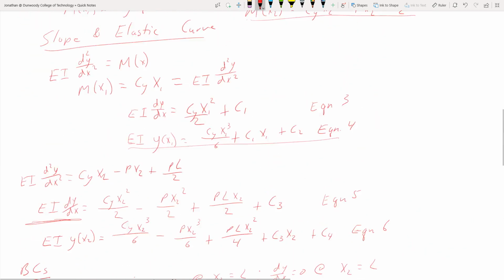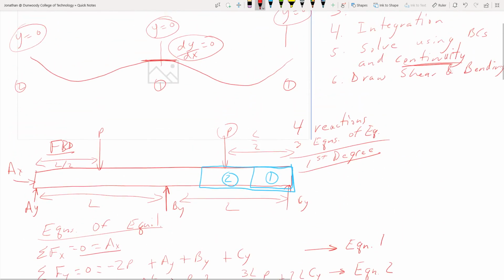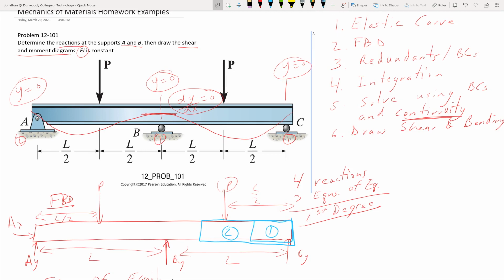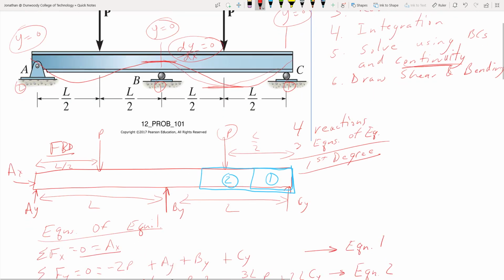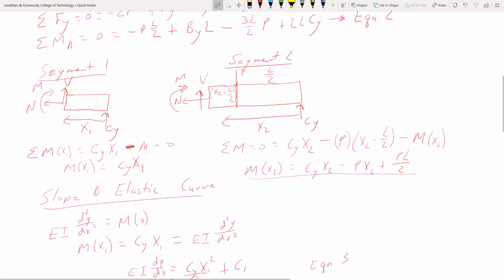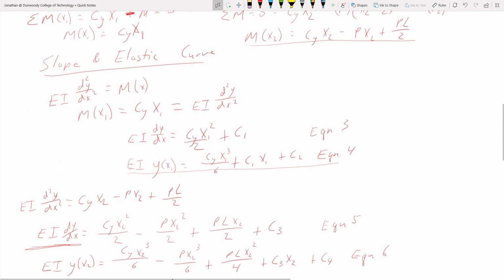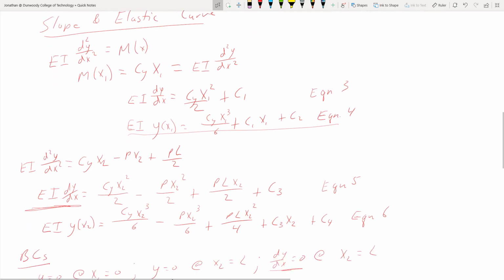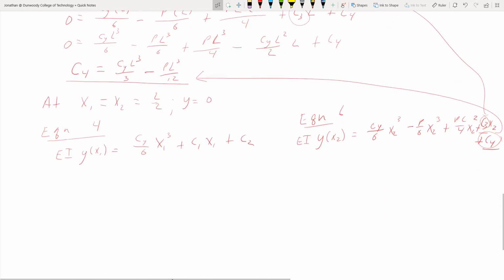Oh, this is the other piece of my elastic curve here. So as I look at this at L over 2, I would expect this to be symmetric as well. Or my slope has to be the same regardless of which direction I come from that. Sorry, I jumped a little bit ahead there.